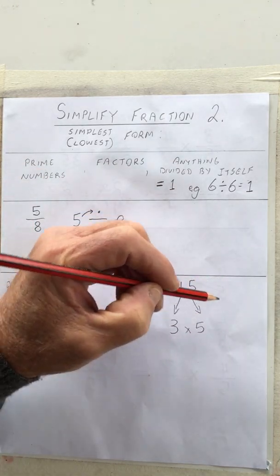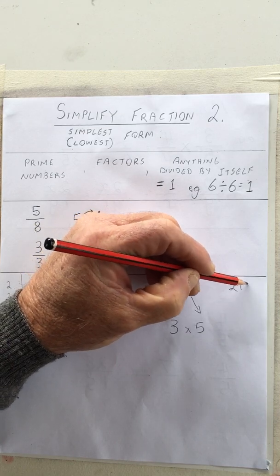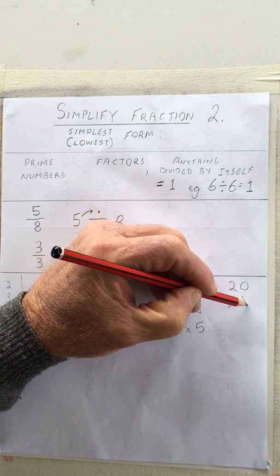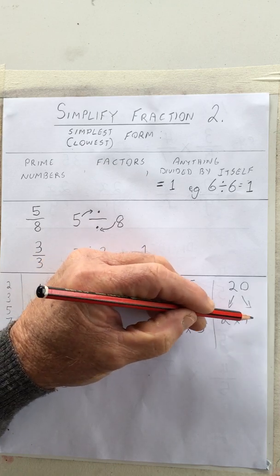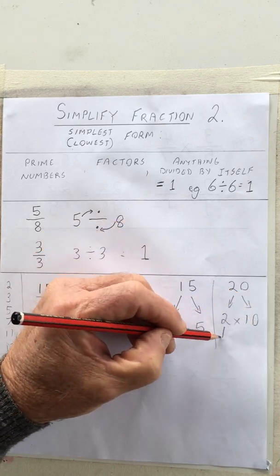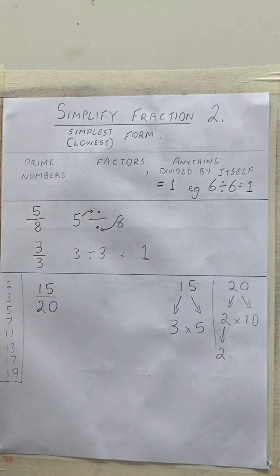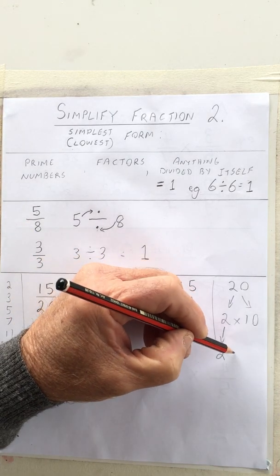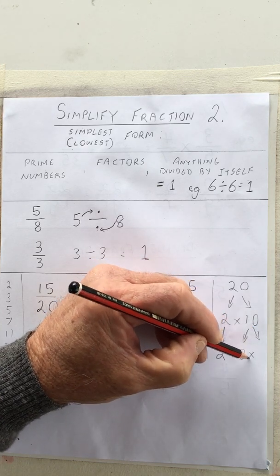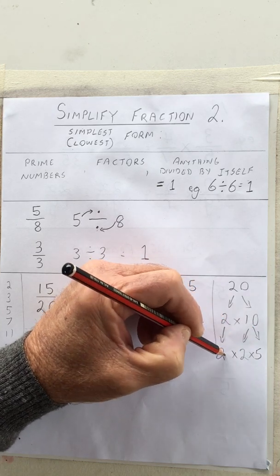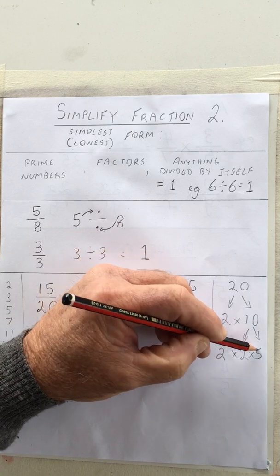Now, if I take my 20 and carry out the same process, you'll notice that 20 equals 2 times 10. Now, 2 is prime, which is lovely. I'll bring it back down. I'm looking for primes. And 10 is not prime, but it can be written as 2 times 5. 2 is prime, 2 is prime, 5 is prime.